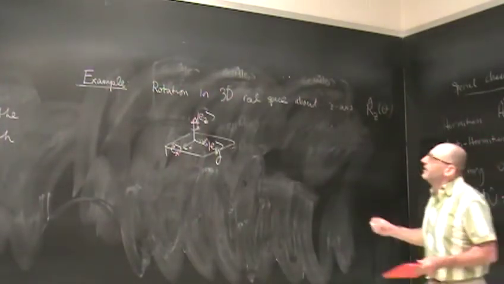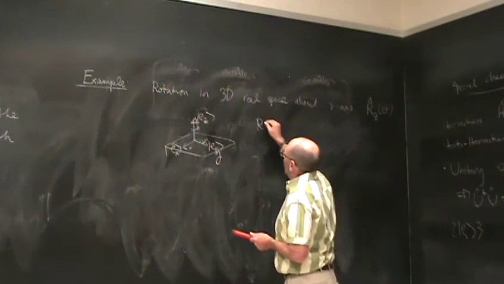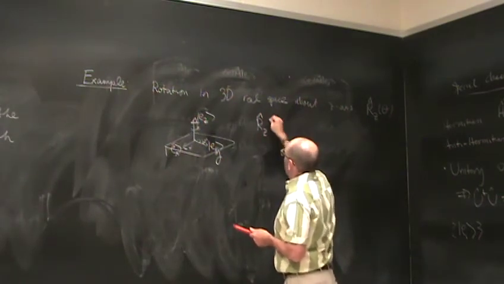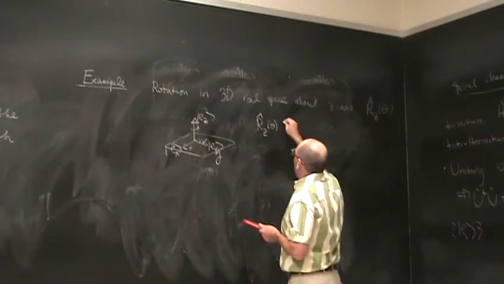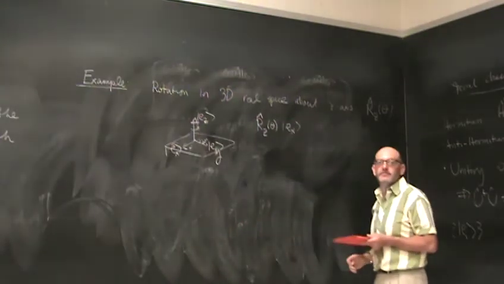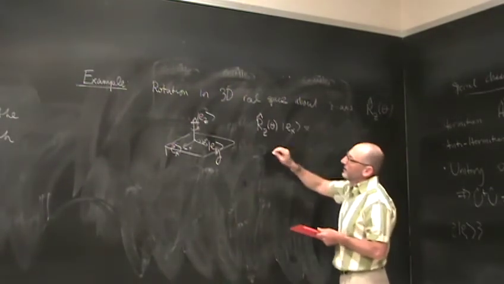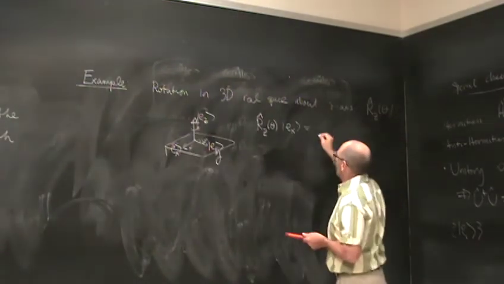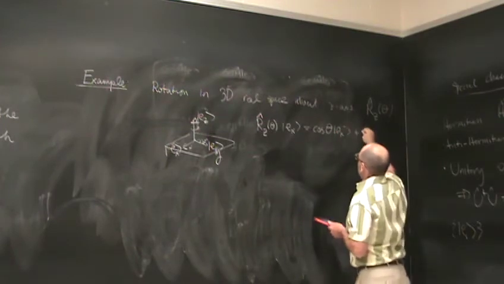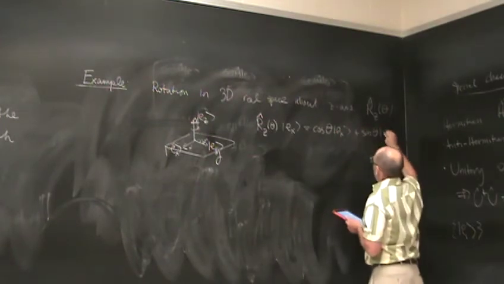So, the action of my operator on the x basis vector is this basis vector, which has cosine theta along x and sine theta along y.